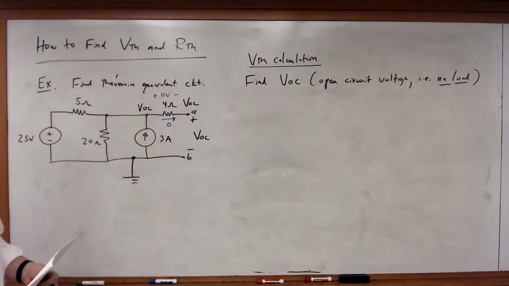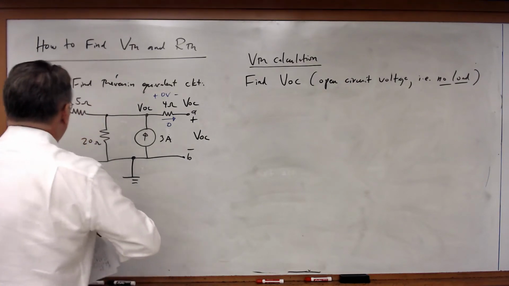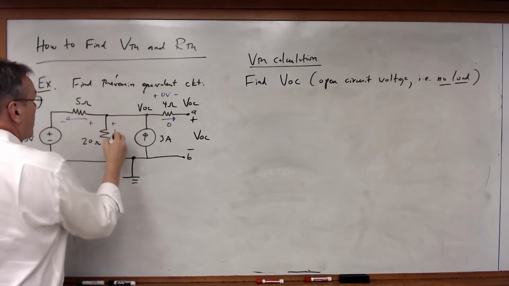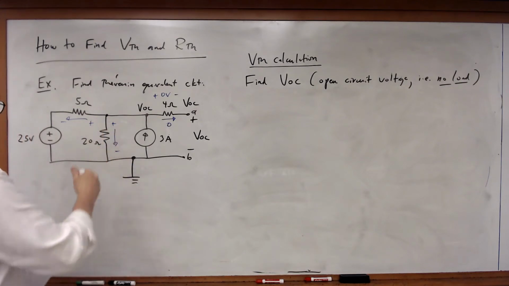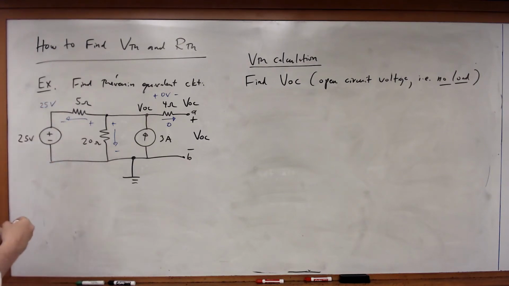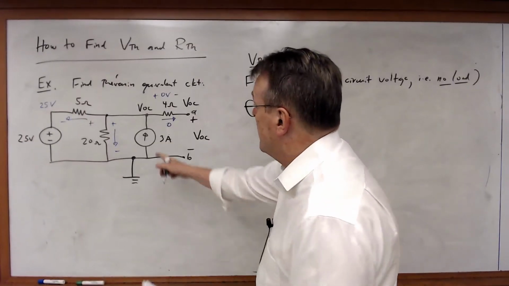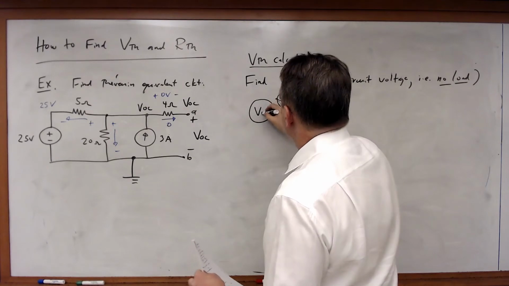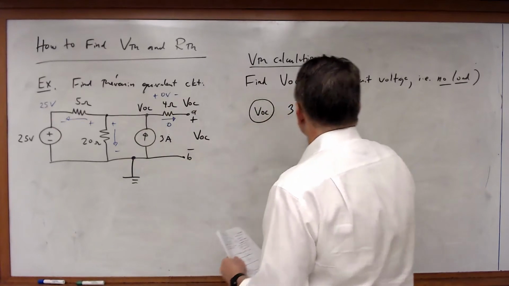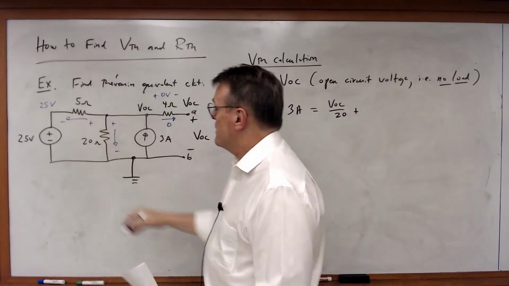Now I can write my KCL equations. I'll draw my currents, and I can write my KCL. This is 25 volts. That node is defined. And what I'll have is that the 3 amps going into the VOC node must be equal to VOC over 20 plus VOC minus 25 over 5.